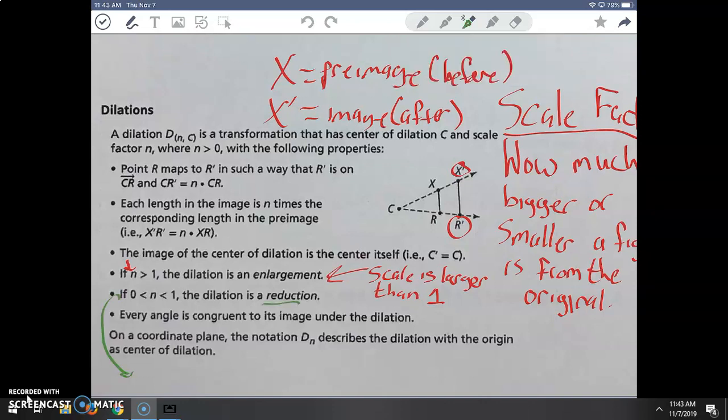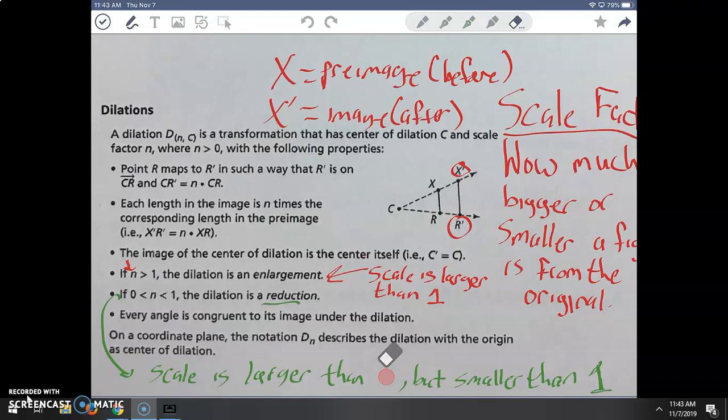Let me do this down here. That means your scale factor is larger than 0, but smaller than 1. I wrote it wrong.